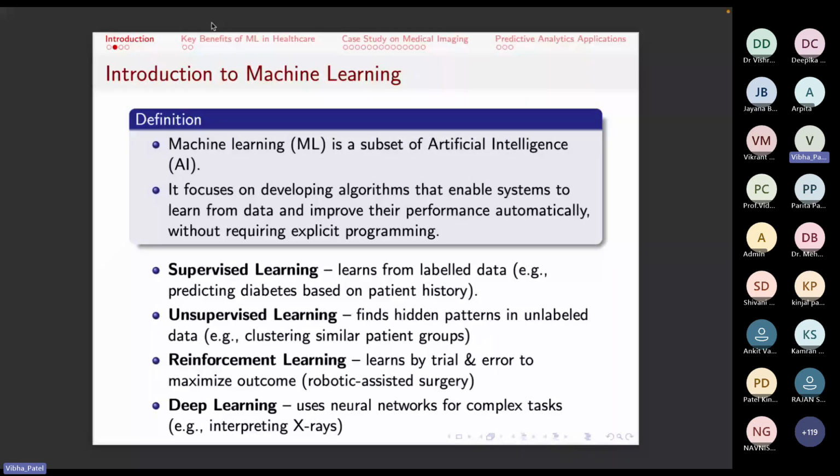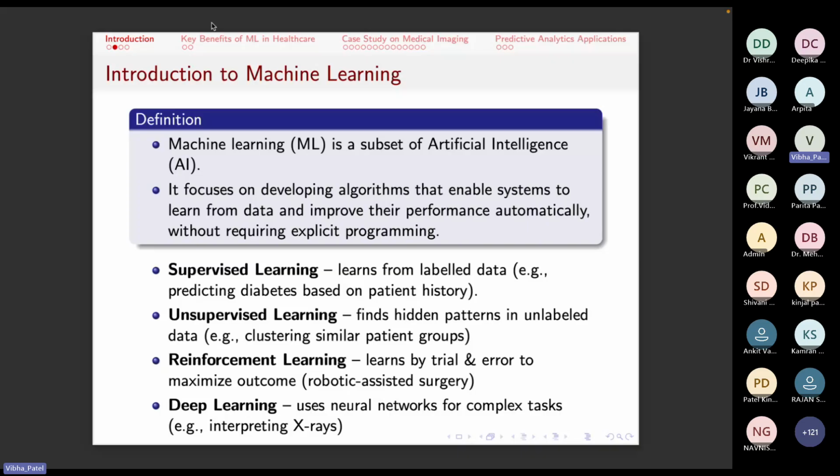So if you are saying that there is a tumor existing in some image, so if you have some brain MRI available with you, and if you have a label assigned to it that there is a tumor existing in it, then this existence of a tumor is a label that has been assigned to it, whether a tumor exists or does not exist.